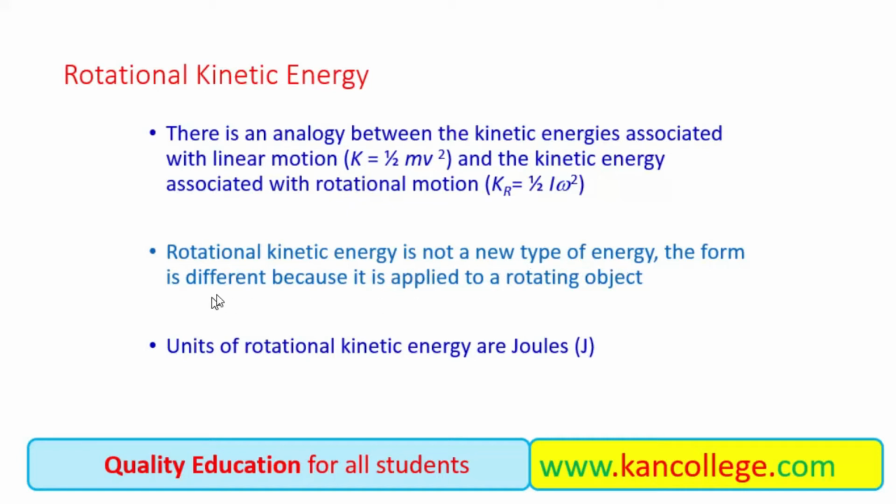The form is different because it is applied to a rotating object, which has no linear velocity, only angular velocity. So we use the angular speed and the moment of inertia in the formula to get the rotational kinetic energy of a rotating body. But the unit is the same, which is joules.